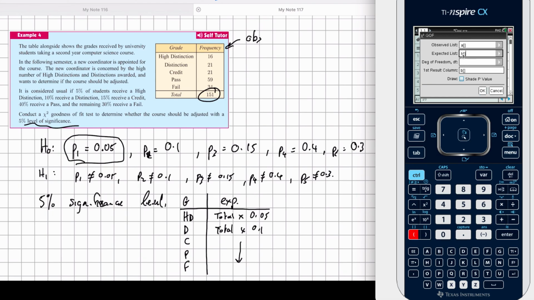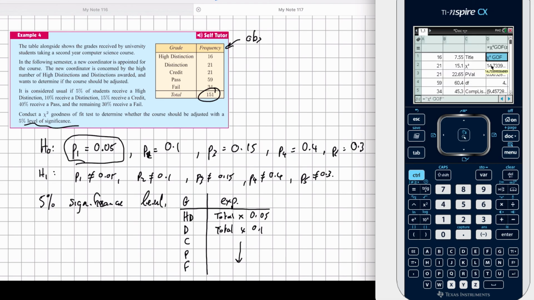Where do we put expected? B column. Where do we want our answer? Well, we don't want to overwrite our data, so let's put it in C column. And again, I've forgotten to put the degrees of freedom. Degrees of freedom for this: we have high distinction 1, distinction 2, credit 3, pass 4, fail 5. 5 take 1 is 4. Hit enter, and we get these values.